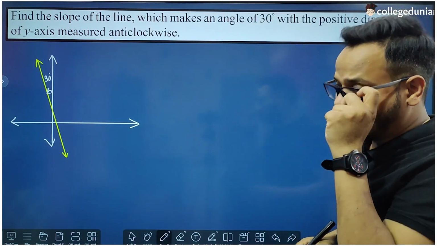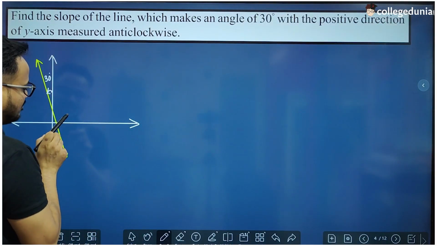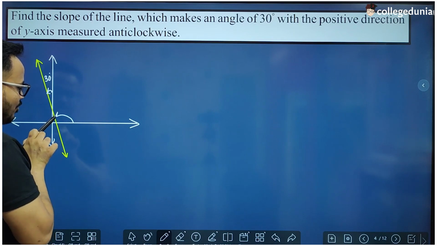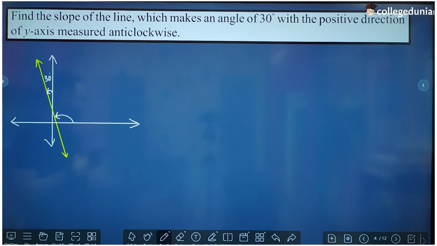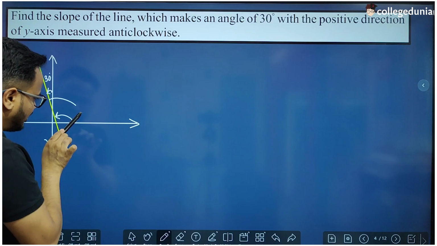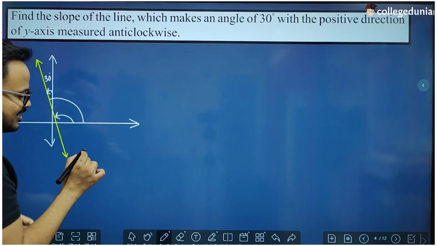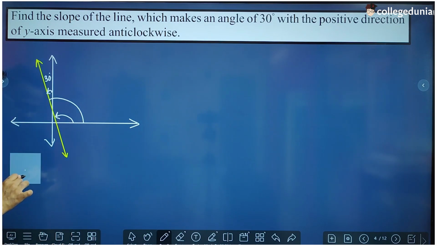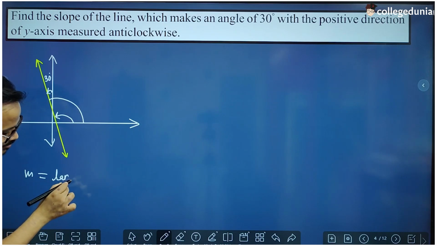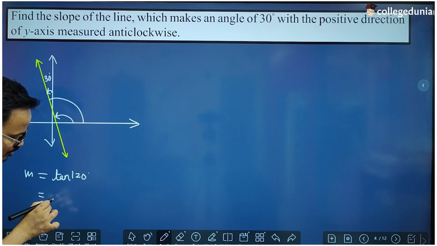But we have to find the slope of this line, and to find the slope we need this angle which the line makes with the positive direction of x-axis measured in anti-clockwise sense. So this angle will be 90 plus 30, that is 120 degrees, right? So the slope of the line, that is m, is tan 120 degree.